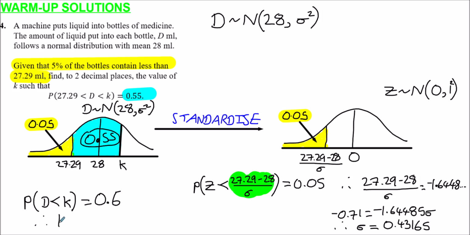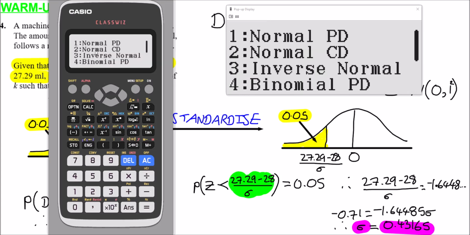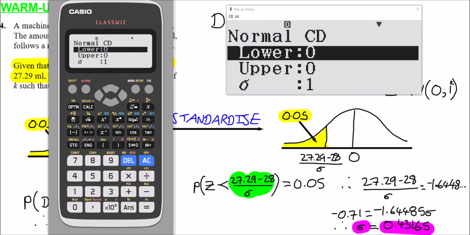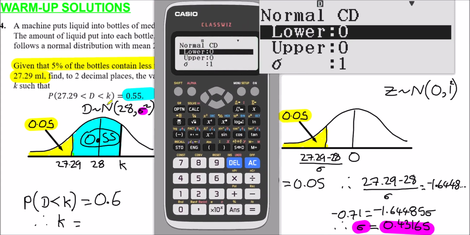I can now return to the original distribution of D because I've worked out the standard deviation of D now. Standard deviation of D is 0.43165. So what we can do here is just find this proportion directly on the calculator. If we go now to menu, option 7, and go to normal CD, then I can work out this required proportion, which needs to be 60% of the curve, k and to the left.